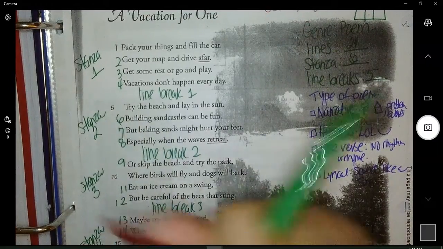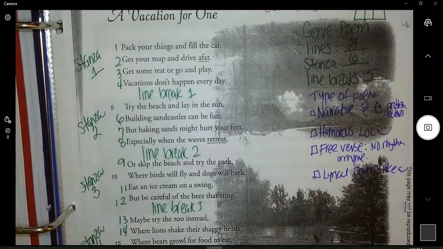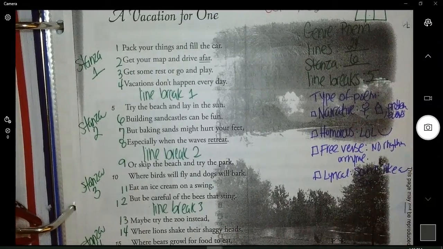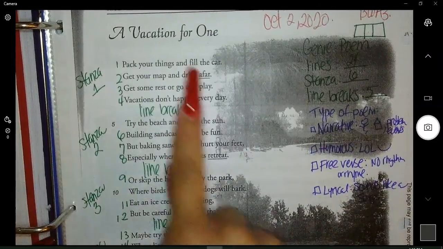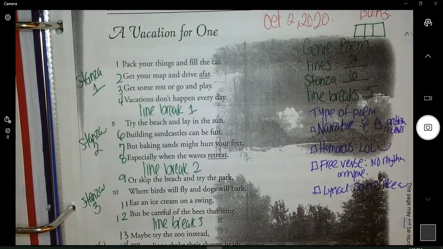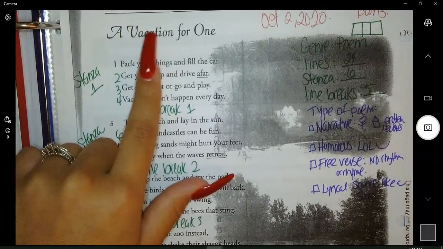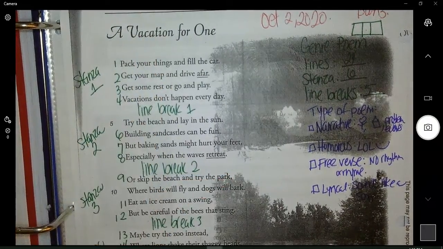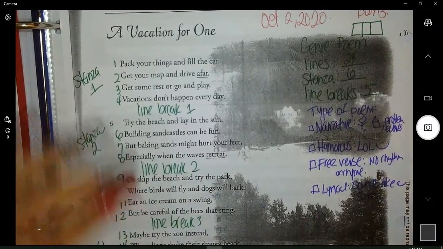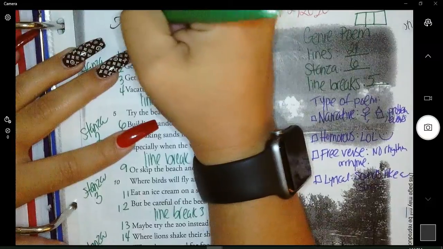Now I can go ahead and park my pencil because I'm going to read it for the first time. And it says A Vacation for One. Boys and girls, what is this poem going to be about? A vacation, right? So what is the synonym for a vacation? We can say getaway. So let's go ahead and write that. So it's usually when you get away, right?